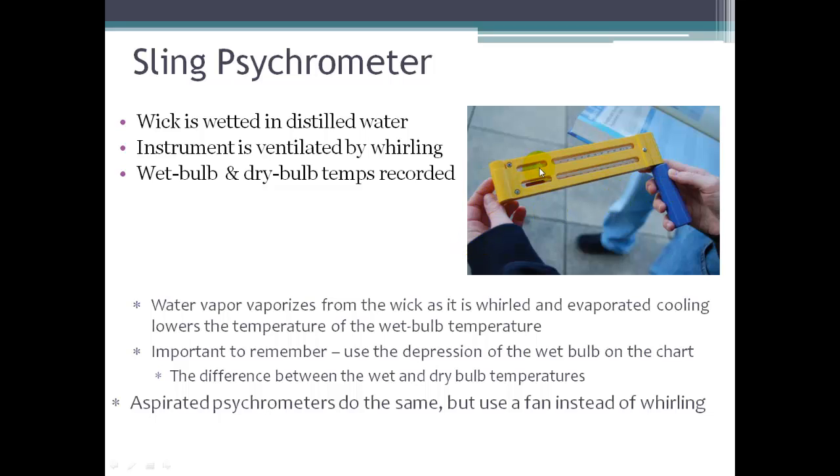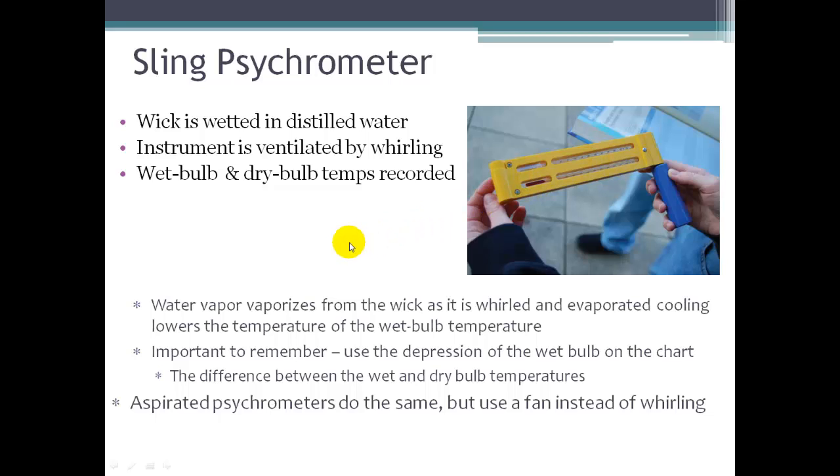And as you spin it, the water that's on the sock evaporates and causes the temperature of that thermometer to decrease because of the latent heat that it takes to evaporate that water. So the temperature of one thermometer goes down while the other one is just reading the regular air temperature.